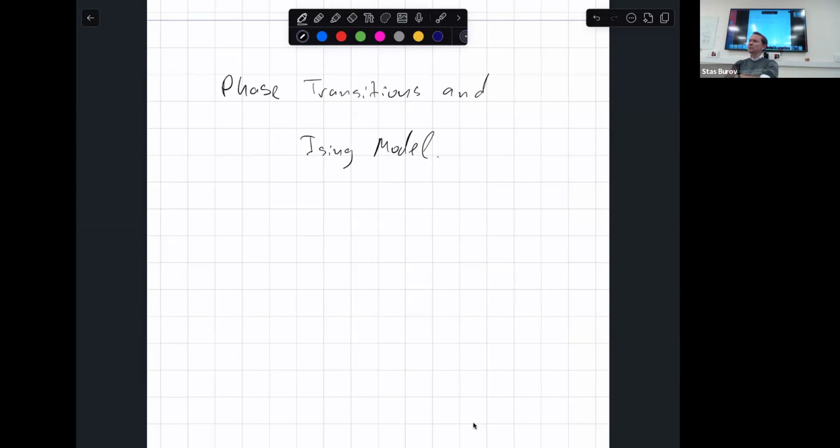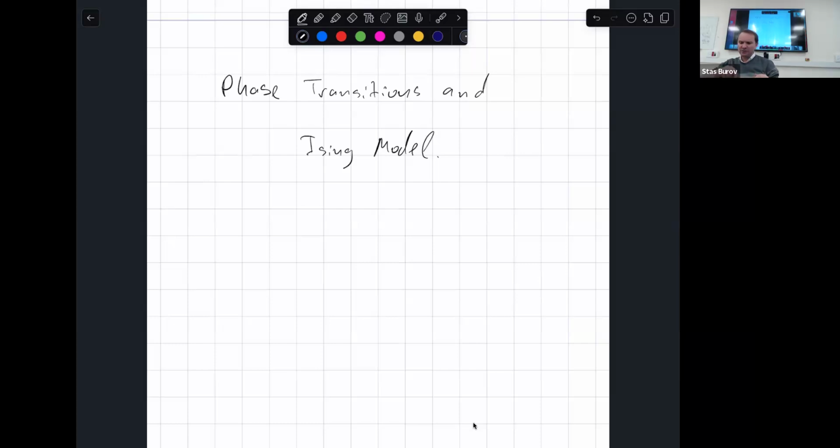There can be a jump in the entropy, there can be a jump in the volume, and this was the perspective, right? Now, what I would try to describe today is a more microscopic perspective of what happens there on the microscopic level and how.